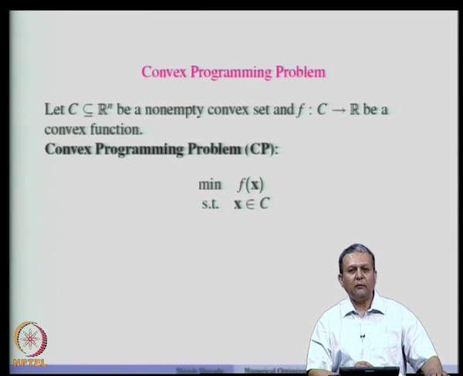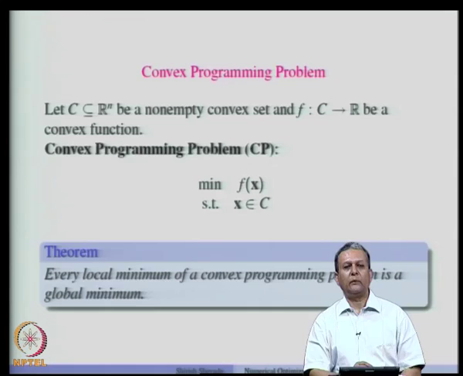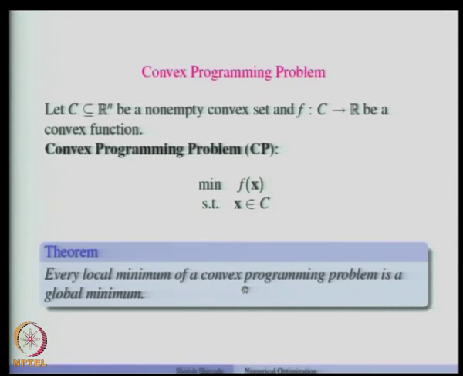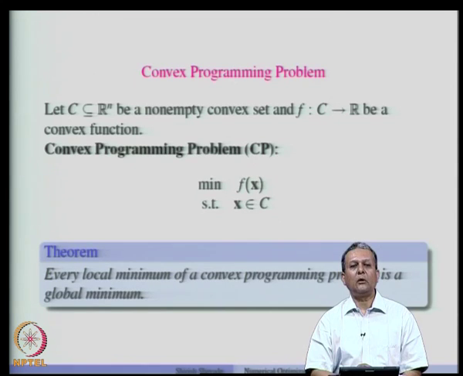And the important property of this convex programming problem is that every local minimum of a convex programming problem is a global minimum. So, we really do not have to worry about the problem of local minima as far as convex programming problems are concerned. These problems have lots of interesting applications in different areas of mathematics, engineering, science and so on.